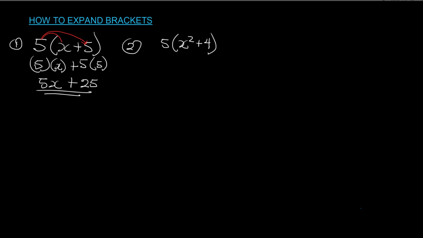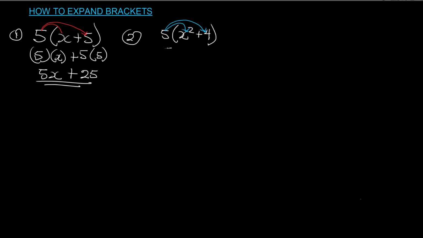We distribute the 5 over every element in the bracket, and that is what we are going to be doing. We get 5 times x squared plus 5 times 4. This gives us 5x squared plus 20.